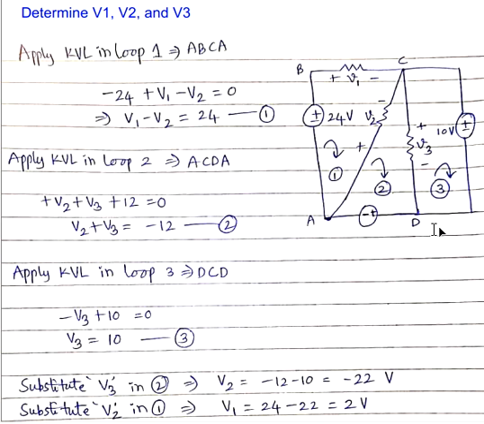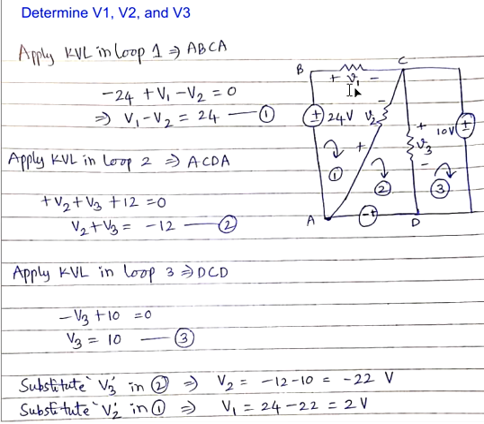V2 and V3. So if you apply KVL in loop 1, the equation we will get is that if you start from the point A, the first thing you see is the minus polarity. So I'm starting with minus 24. Then in the same direction, once this voltage source is done, we need to go for the resistor part in that loop, that is the branch BC.